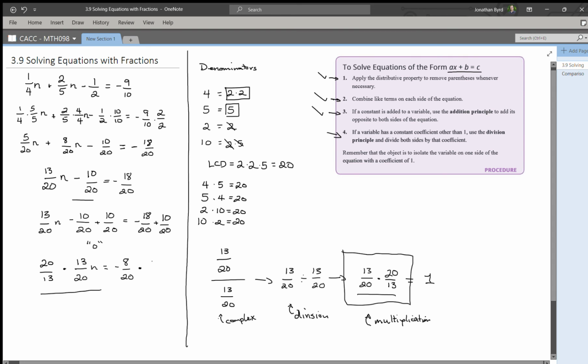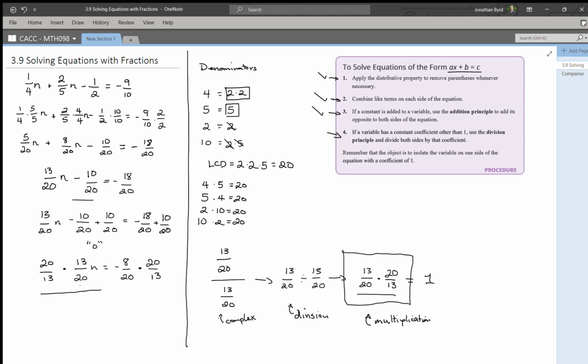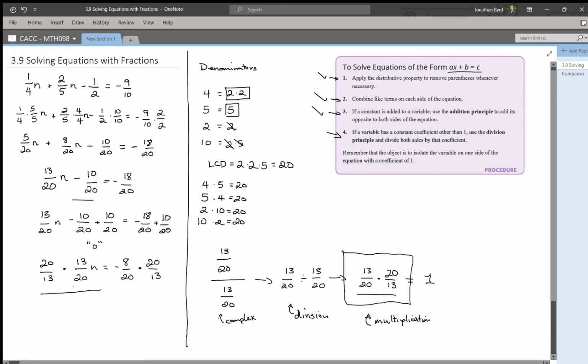You can, if it helps, always write it out the long way. But when you get to a certain point, you go, okay, I'm tired of writing the same thing out every time. Can't I just go ahead and multiply by the reciprocal? Well, yeah, you can, because that is, in effect, what we are doing. Okay, so now knowing that, we can see that the 20s and the 13s cancel.